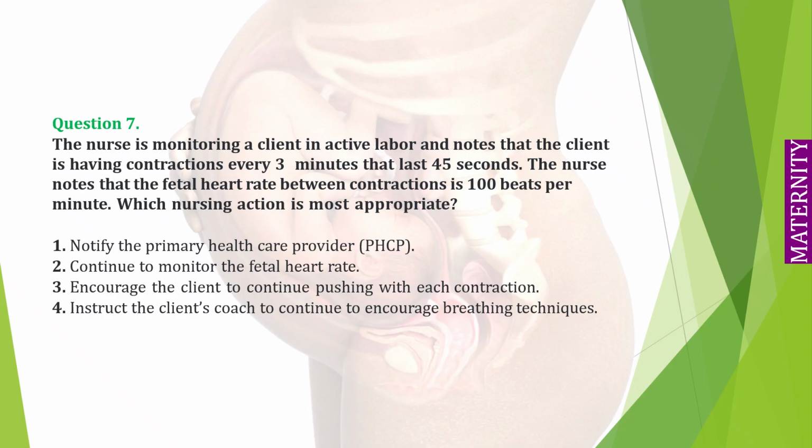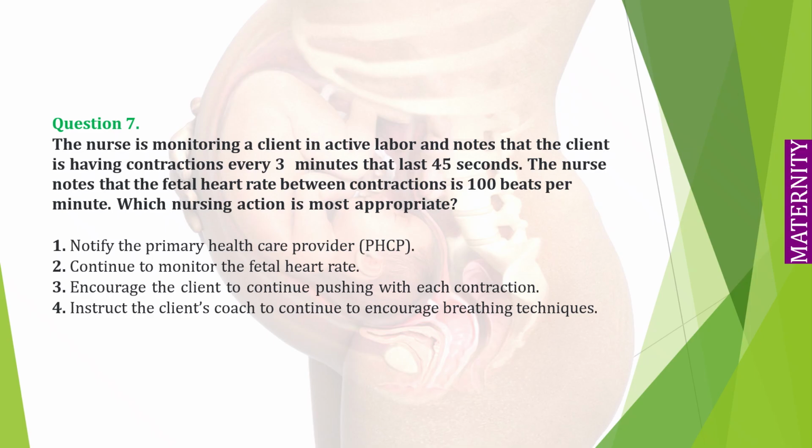Question 7. The nurse is monitoring a client in active labor and notes that the client is having contractions every 3 minutes that last 45 seconds. The nurse notes that the fetal heart rate between contractions is 100 beats per minute. Which nursing action is most appropriate? 1.